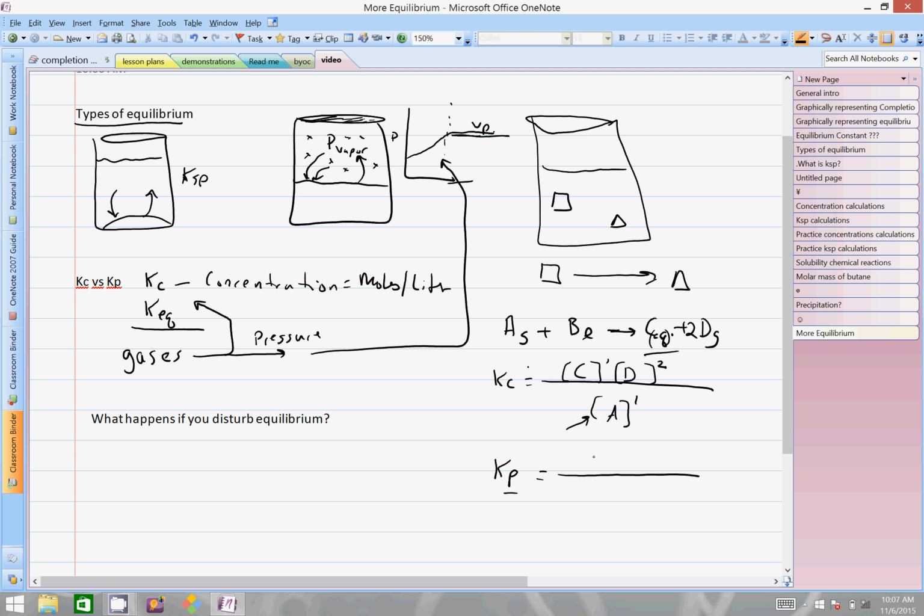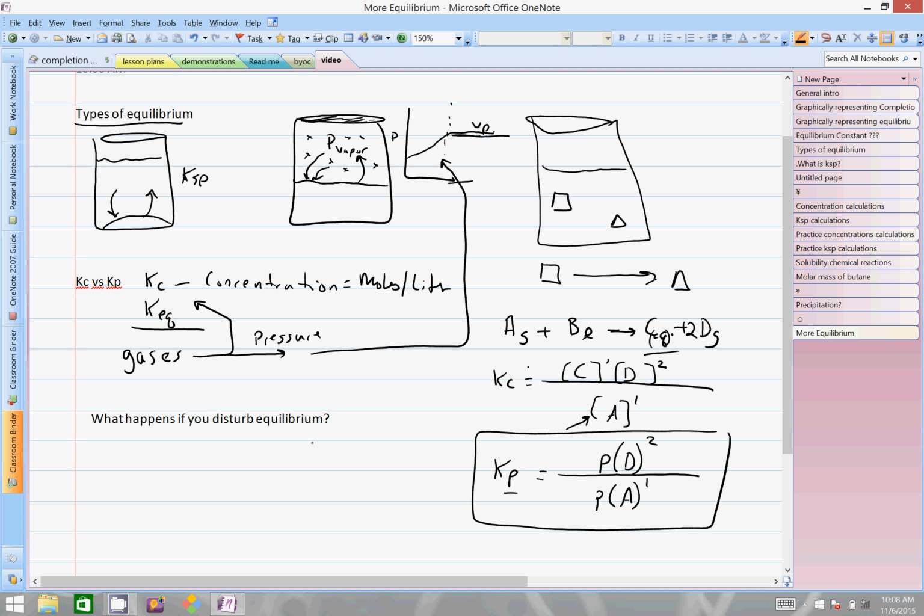That's something I've got to catch myself on too. We would use partial pressures, so the individual pressure contributed by D, and it would be squared. And then it's the partial pressure of, or the pressure contributed by A, and it would be to the first. This is how we do it, and it's the partial pressure.